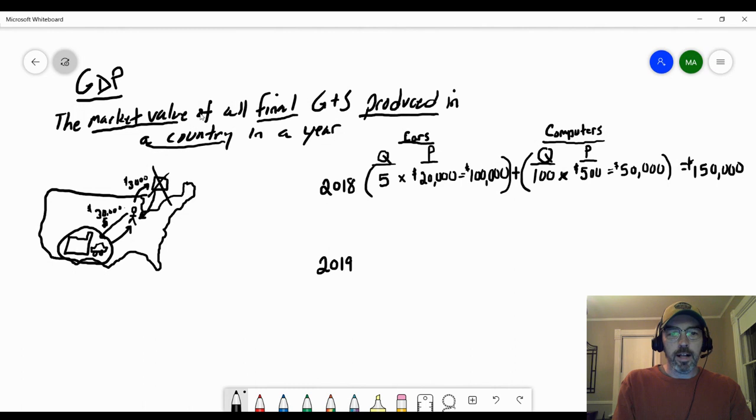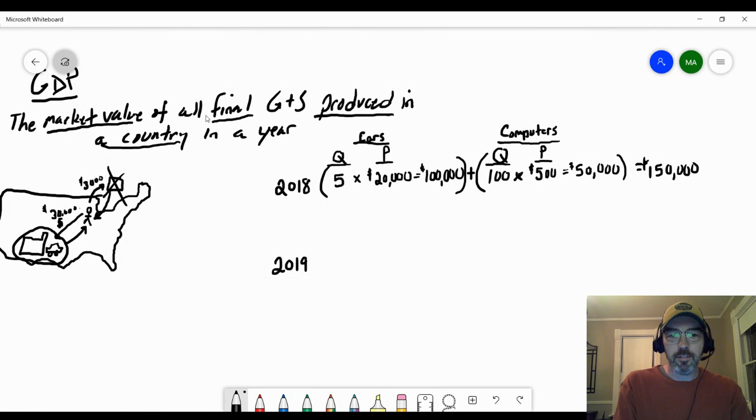GDP is the market value of all final goods and services produced in a country in a year. If cars and computers are the only things we produce in this country, and the market value, the amount that it sells for, is $20,000 for cars and $500 for computers, then indeed $150,000 would be the market value of all these final goods and services produced in a country in a year.